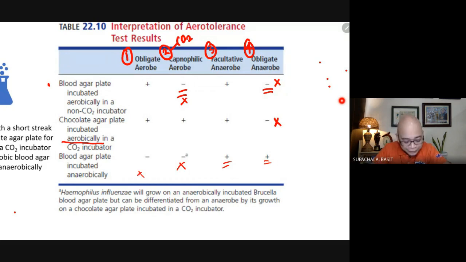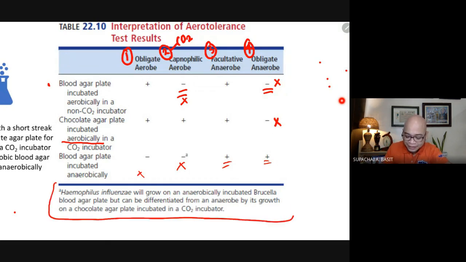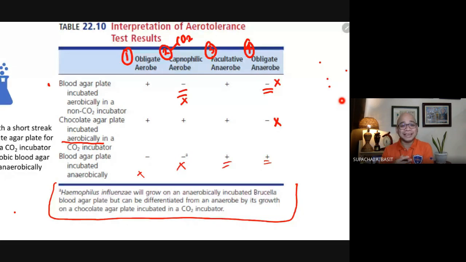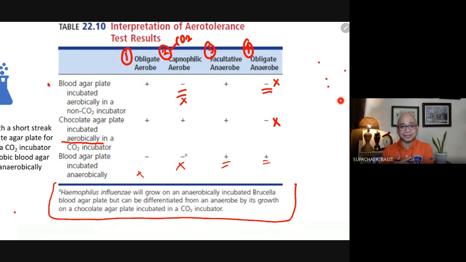But it says here, if you will be reading here, Haemophilus influenzae will grow on an anaerobic incubated Brucella blood agar plate, but can be differentiated from anaerobes by its growth on chocolate agar in a CO2 incubator. So Haemophilus influenzae has a special characteristic.